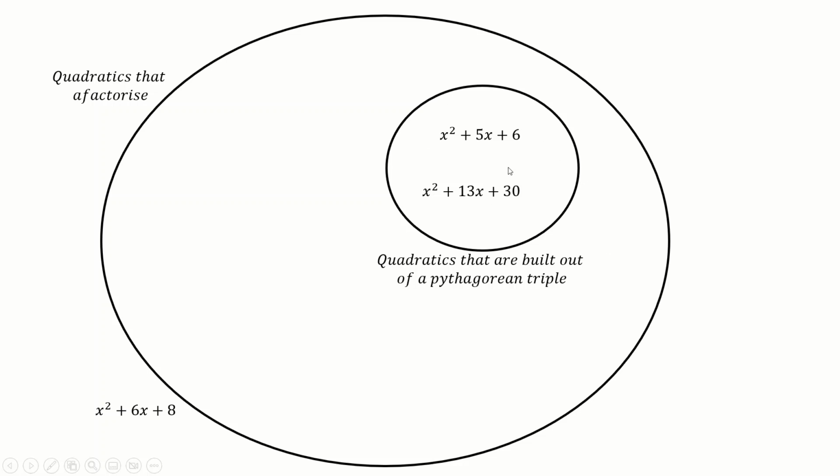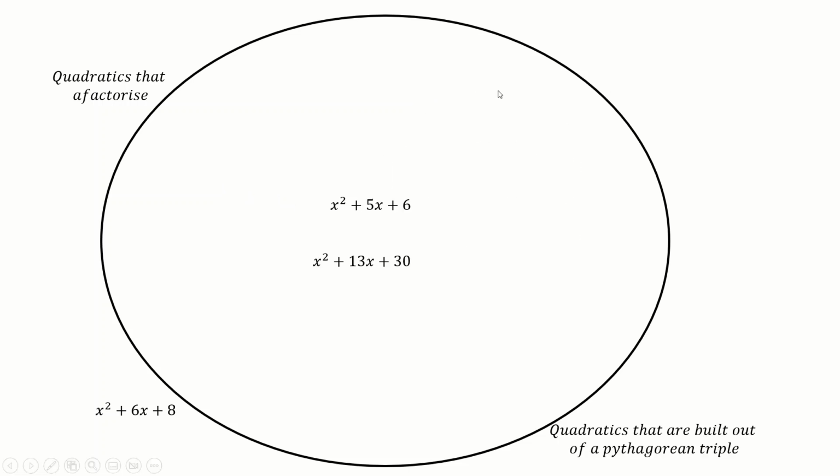Maybe any quadratic you build out of Pythagorean triples does factorize, but not everything that factorizes is built out of a Pythagorean triple. Again, we haven't found one, but maybe this is what it looks like. Or, finally, last case, maybe these two circles from the Venn diagrams are just one circle. Maybe all the quadratics that factorize and all the quadratics that are built out of Pythagorean triples in this way are one and the same, and we just have this singular circle.